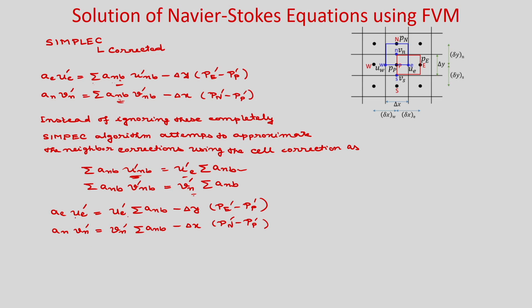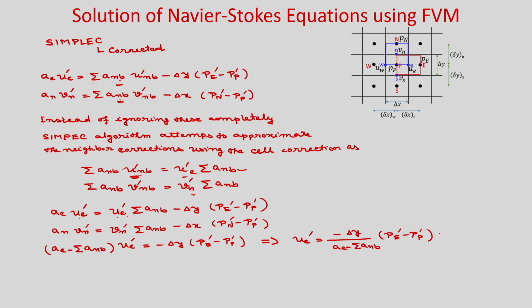Okay. So, now if you take it to the left hand side, what you can write? a_e minus the summation of a_nb. Okay. So, now you can take common this u_e'. So, u_e' is equal to minus delta y (p_e' minus p_p'), and now this you can write as u_e' is equal to minus delta y divided by (a_e minus the summation of a_nb) times (p_e' minus p_p'), and this we will denote as d.